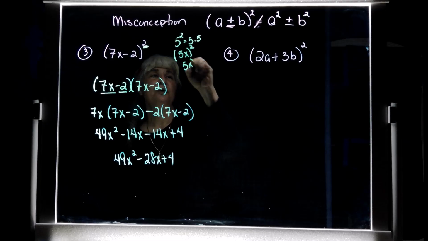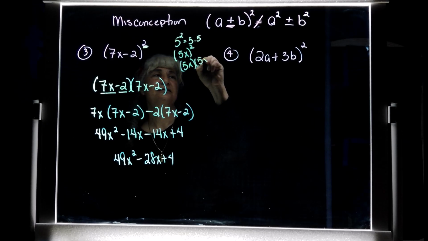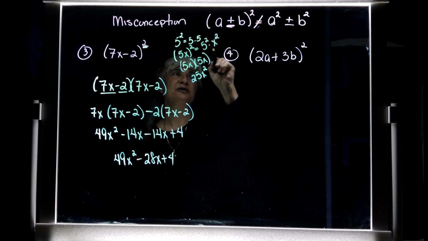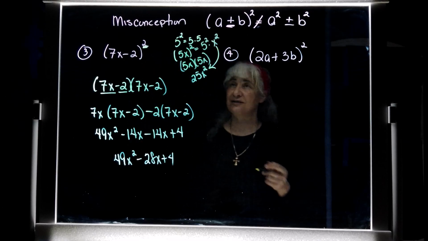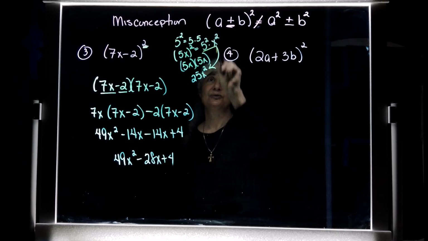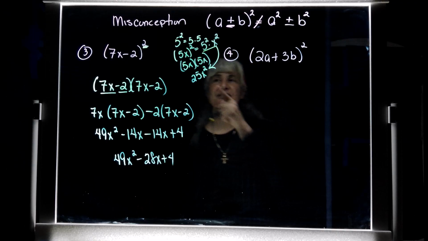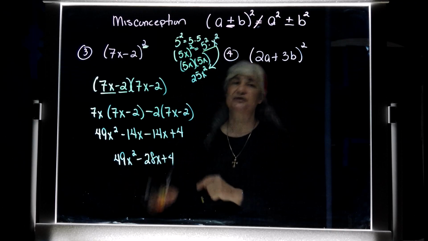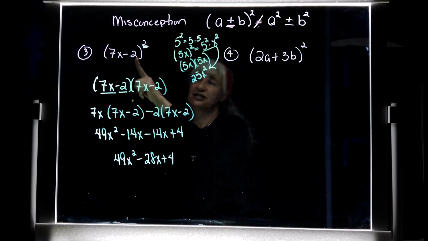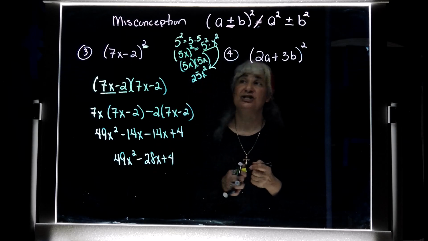If you write that twice, you get 25x squared, right? But if you do the shortcut, there's multiplication in the middle, and that multiplication allows you to do the shorter version because you still get the same answer as the long version. But addition and subtraction won't let you do it. It just won't.